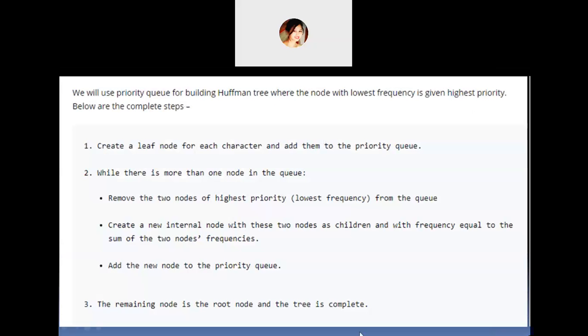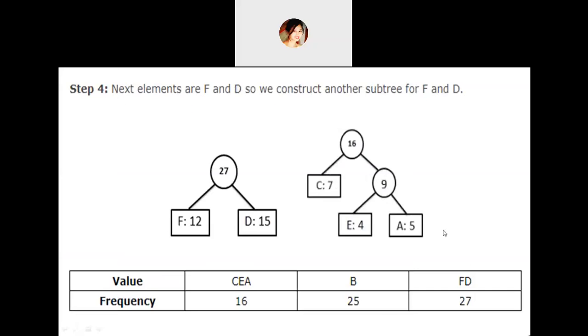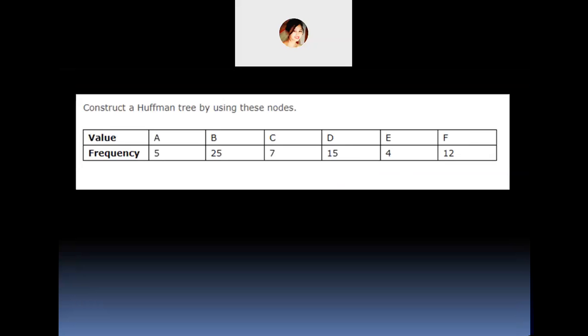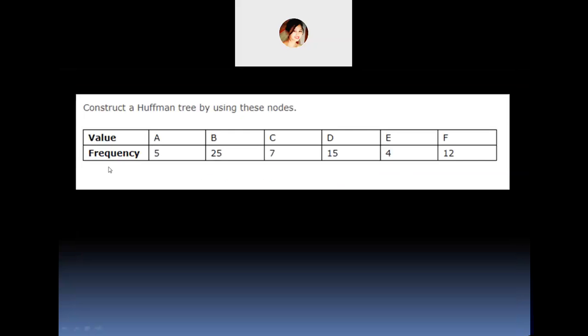Yesterday we took up two examples, that is creating a Huffman tree, using the Huffman coding algorithm, and here the lowest frequency is given the highest priority. This is the algorithm for Huffman coding, and with the help of this algorithm we can create a Huffman tree, right? So this was the Huffman tree.